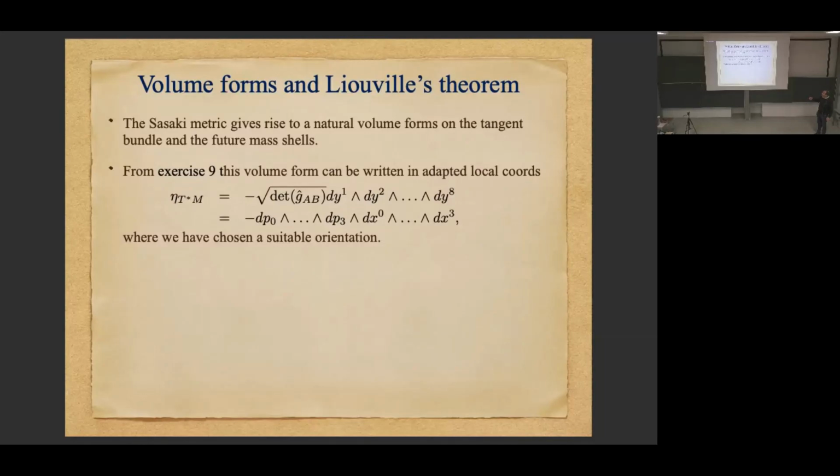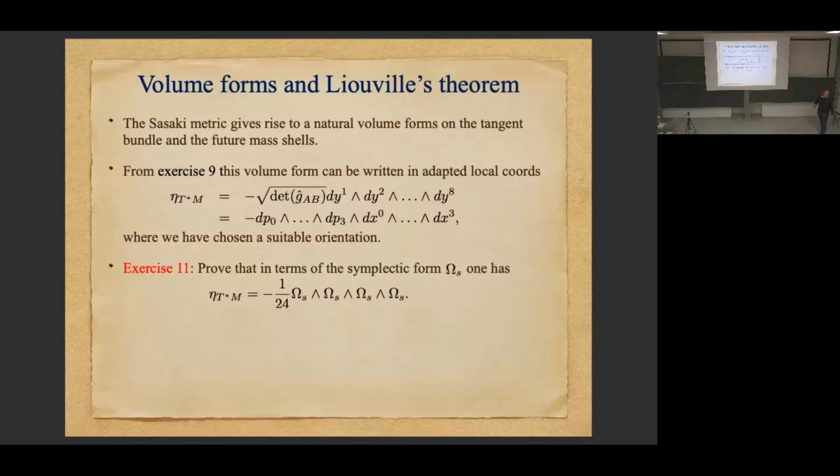All right, so finally, let me talk a little bit about volume forms. We'll need this. Because you have the metric, there's the natural volume form, which is defined up to sign. We know that in these adapted local coordinates, it's simply this one. But the determinant is 1 in these coordinates, so this goes away, and then you get this expression here, choosing a suitable orientation.